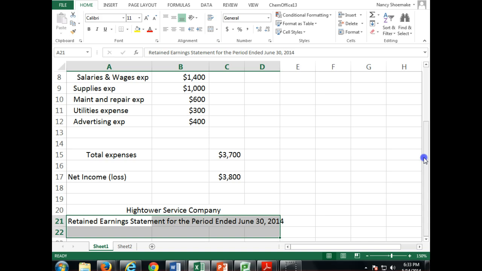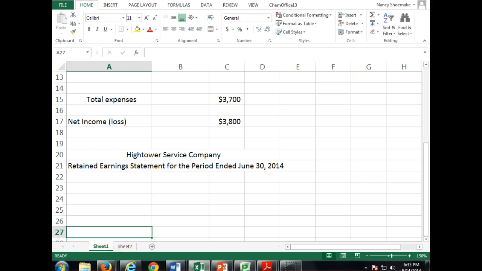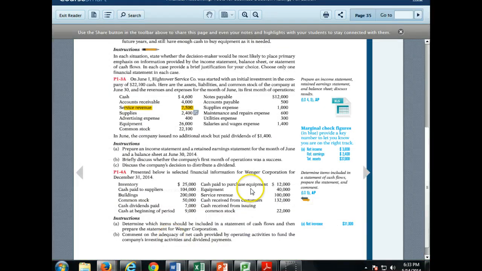Well, anyway, I'm putting it all on one line here. Okay, so what are we going to start? When we go back and look at this book, look here. It started with an initial investment in the company of $22,100 cash. Here are the assets, liabilities, and common stock of the company at June 30th, and the revenues and expenses for the month. So, what are we going to draw out of here for our retained earnings section?